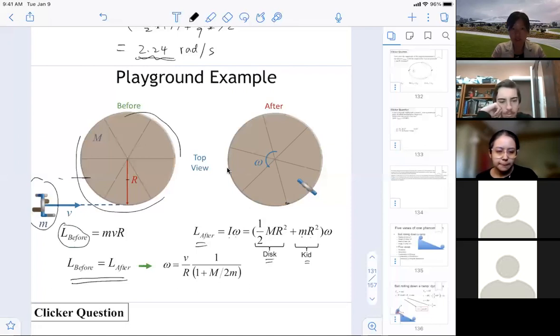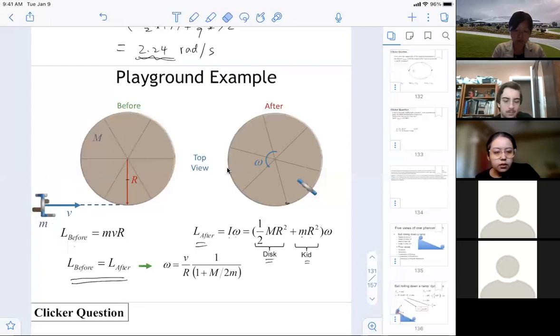So before, the disk was not rotating, and the angular momentum is brought by the person. It's running. And recall, for that kind of angular momentum, we do r cross p to calculate it. So when it's not a rigid body, a point particle, we do r cross p. You can see that relative to the rotational axis right here, my r is radius R, right?